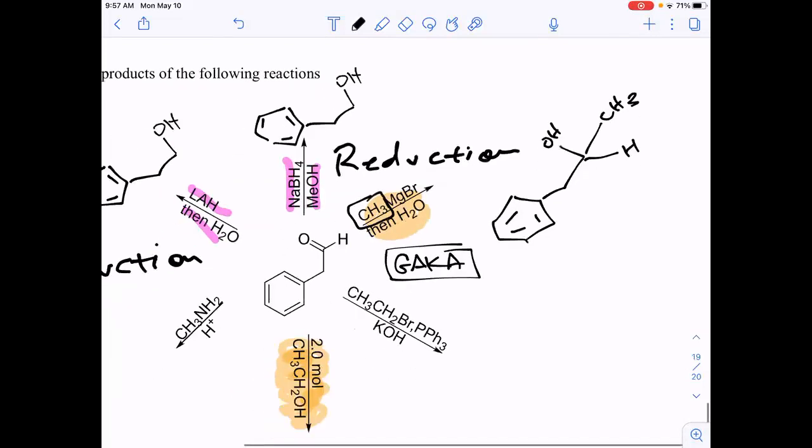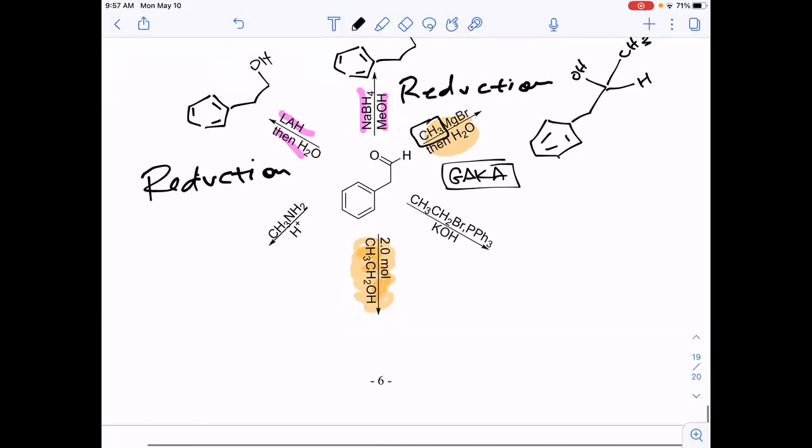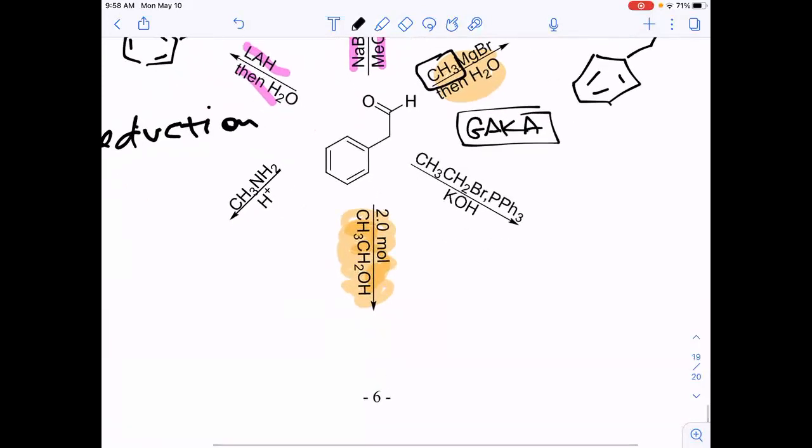All right. What about here? The second reaction that's highlighted. All right, none of this changes.